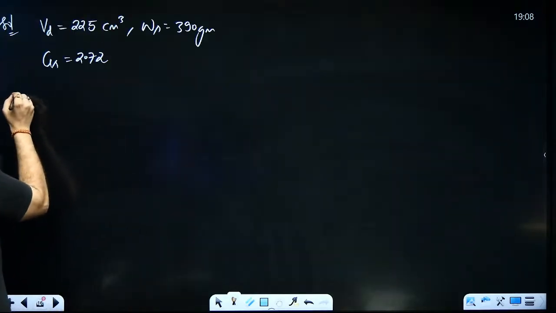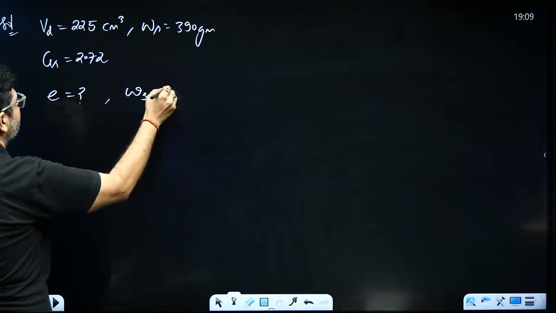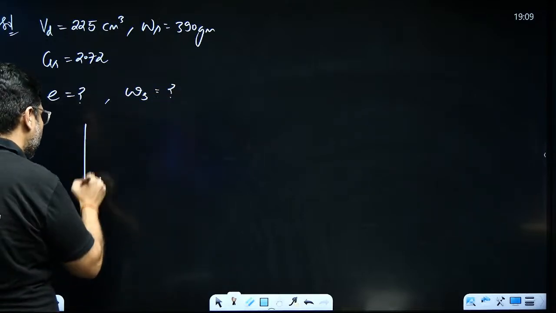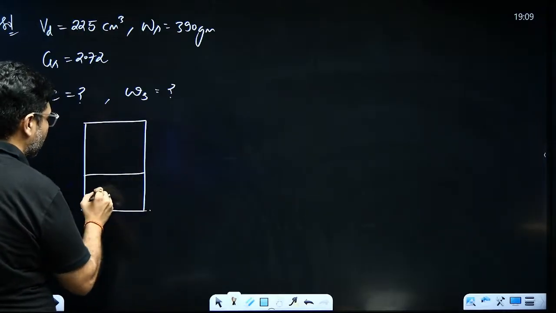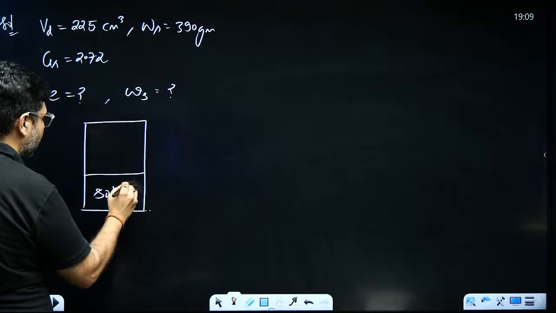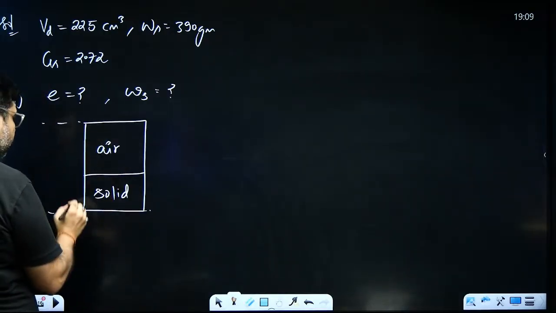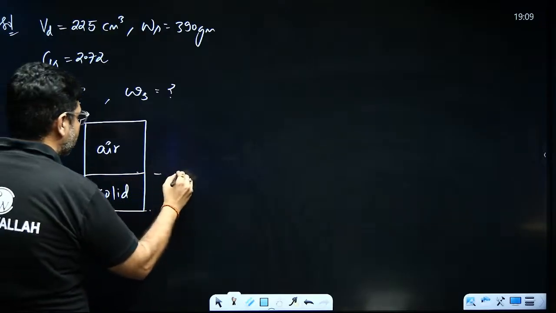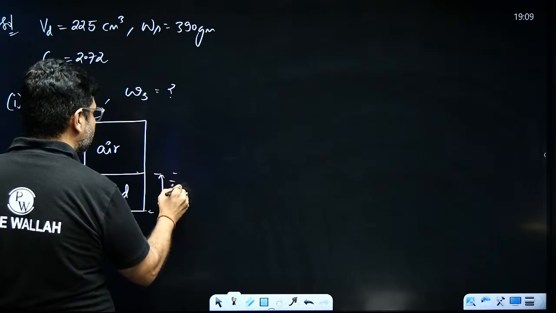Let's try to do the question. We have to find out the void ratio as well as the shrinkage limit of the soil. See, here we know this is the condition: solid and air, in dry condition. I will find out the void ratio. This is my weight of solids, that is 390 grams.